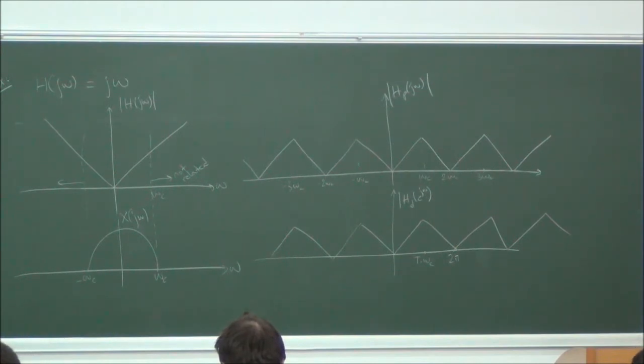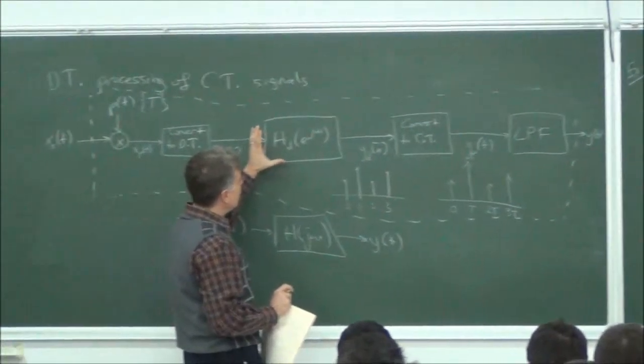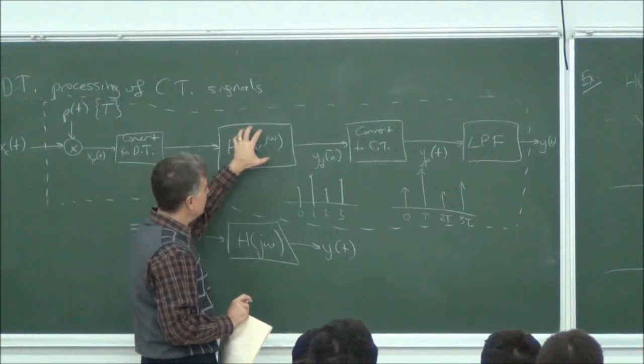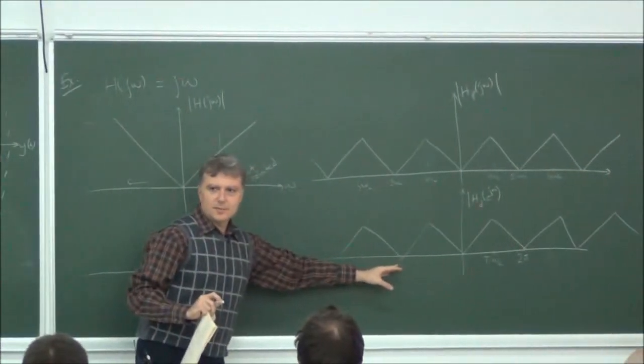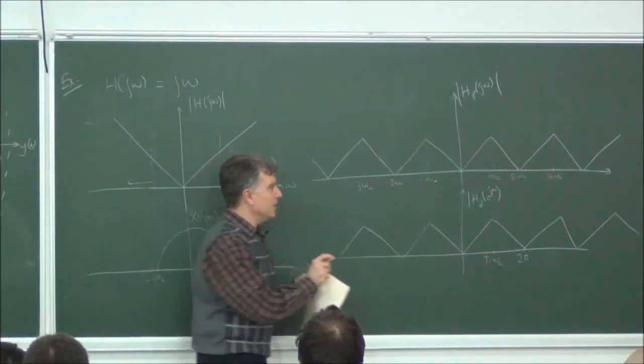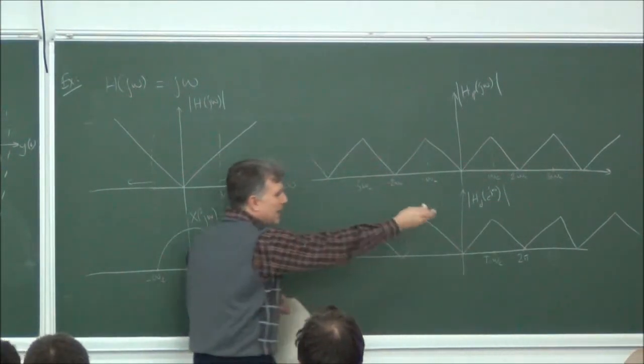And after this choice of sampling period, we can apply this discrete time HD filter instead of this one. This is HD of e to the j omega, whose magnitude is given here.